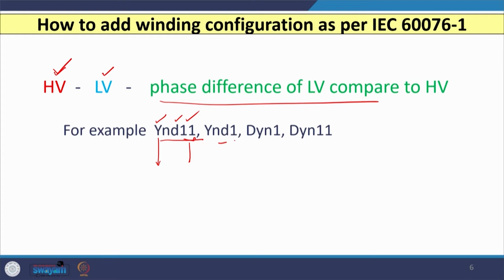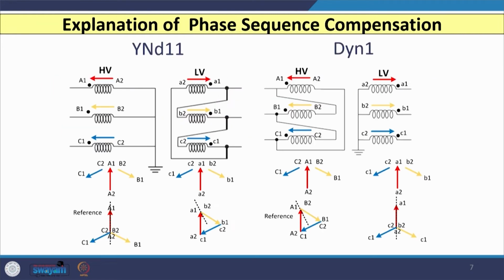In the same way, you can have the other connection references. Now, with this background, let us check one more thing: what is the similarity between the two windings. If I consider the star grounded delta 11 connection, this is your HV winding, that is star grounded, this is your LV winding, that is delta, and 11 is the phase shift that exists between the two windings.